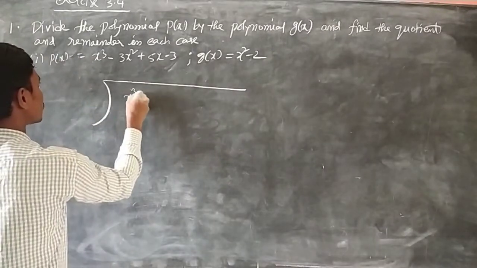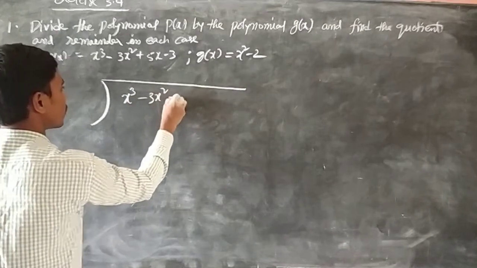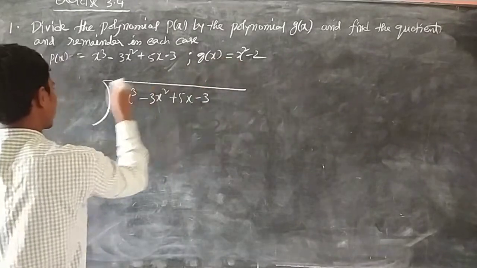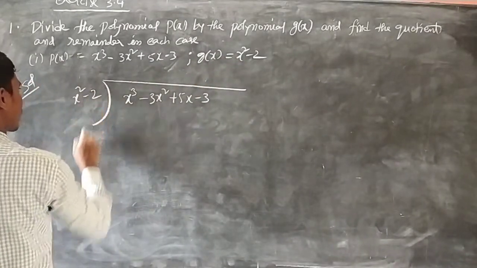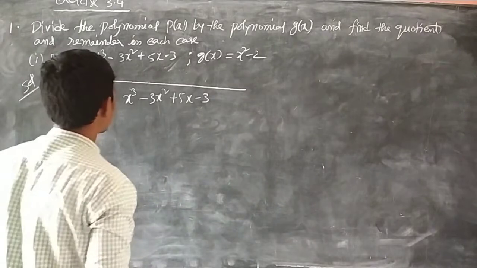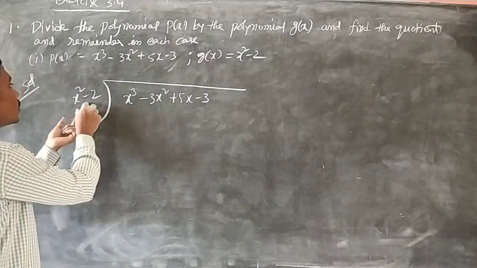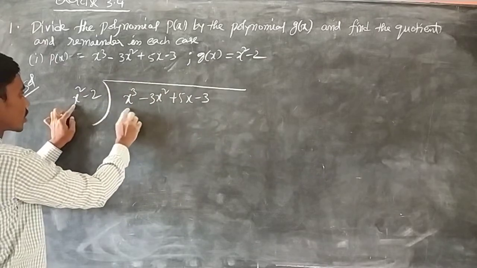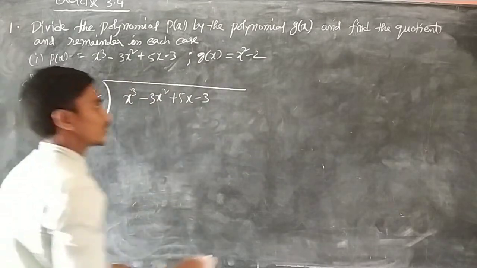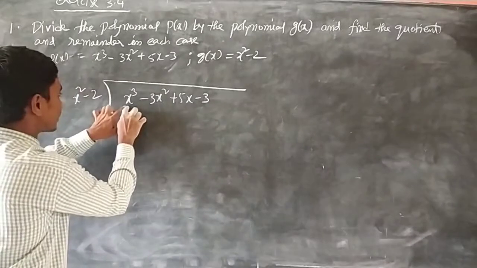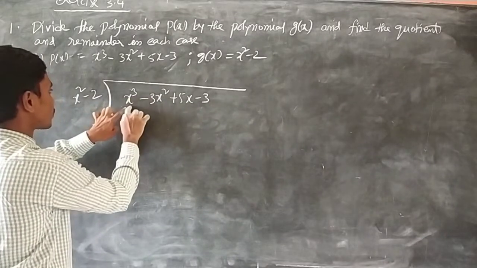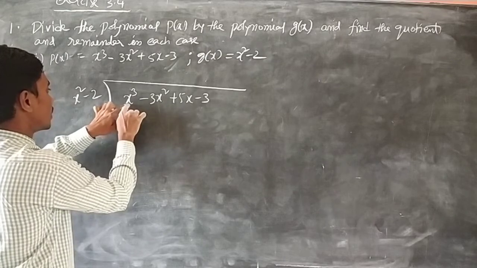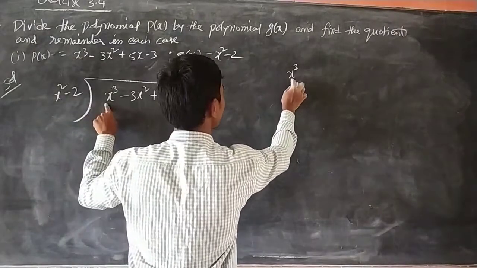x cube minus 3x square plus 5x minus 3. Then take this as a divisor, x square minus 2. So for what value of x square term gives x cube term? For this simply take the highest degree term, first the highest degree term in the dividend.